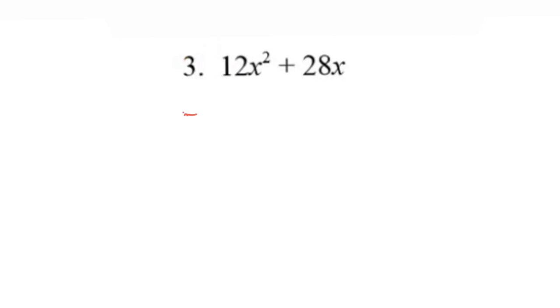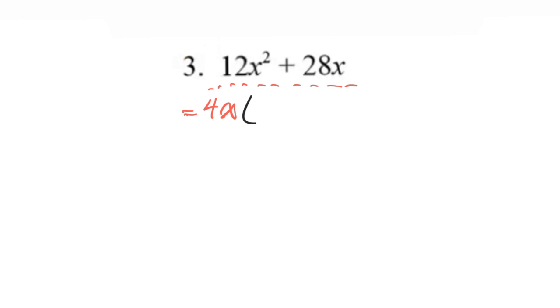That is 4x, because the GCF of 12x squared and 28x is 4x. Now we're going to divide 4x out of everything above that red line.